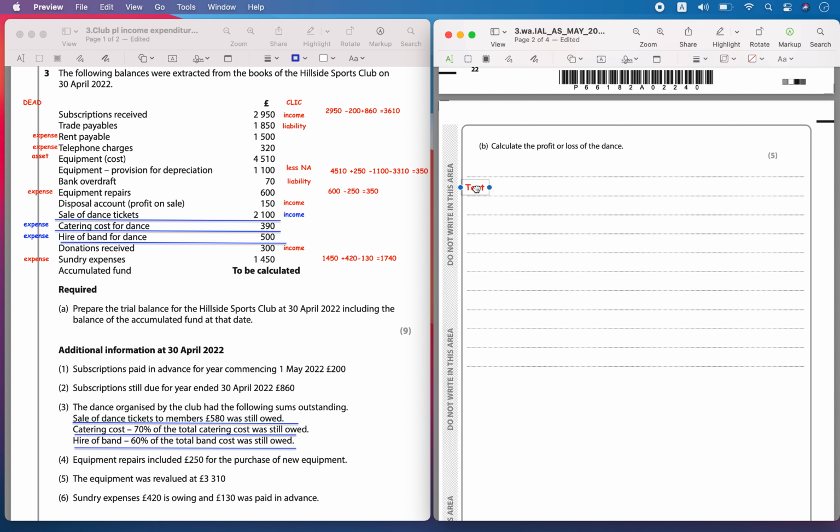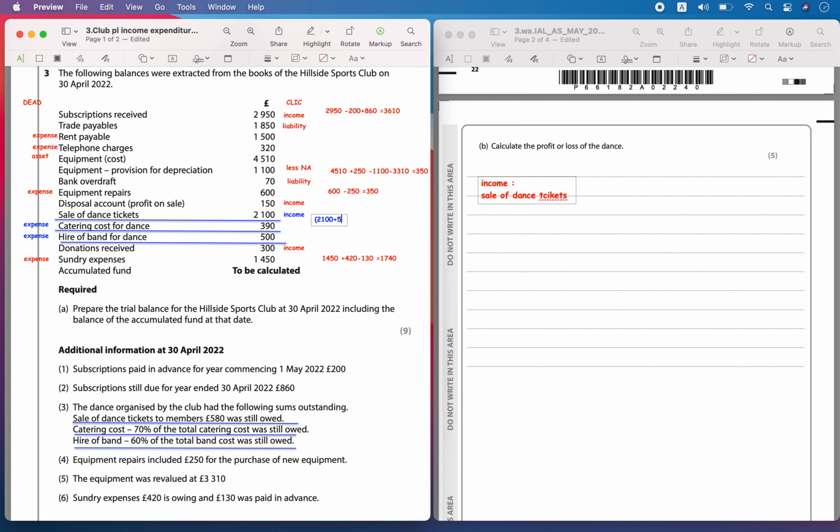So the dance is going to get some income. How is it going to get the income? From the sale of dance tickets. So let's write that: income generated from the sale of dance tickets. What was the income? 2100. But he says that 580 was still owed, which means you are yet to receive it.